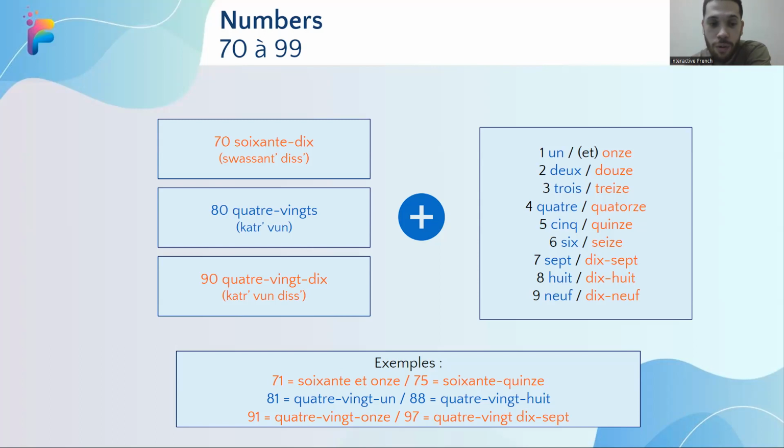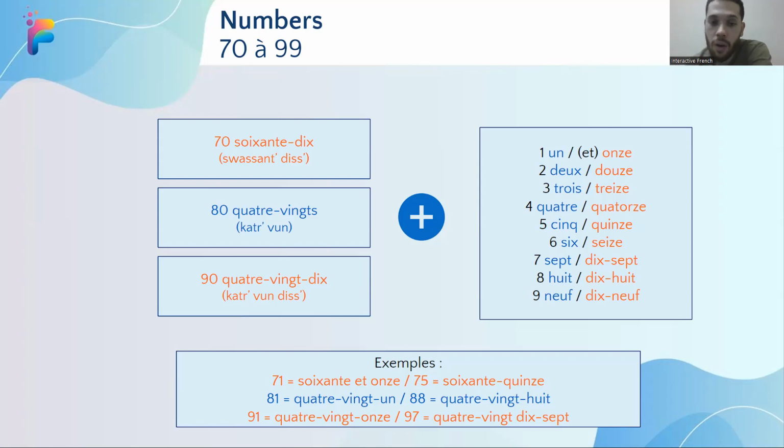But don't get too confused with all this. Just remember 70, and then you add 71, 72, 73. Try not to say 61, 62, 63, otherwise we get back to 61, 62, 63. 81, 82, 83, similar to what we saw previously with the numbers from 20 to 60.